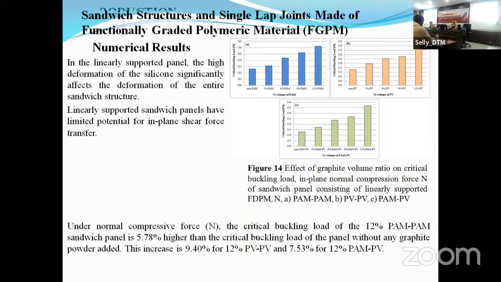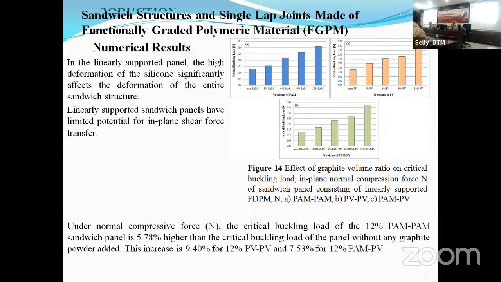You can see another loading condition. At that time, the force is normal compression force and linearly supported. I can share some values because they are important for viewing its behavior. Under a normal compression force, the critical buckling load for the 12% PAM and PAM sandwich panel is 5.78% higher than the critical buckling load of the panel without any graphite powder added.